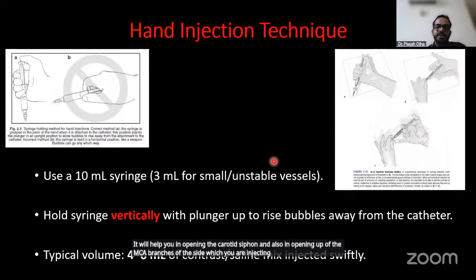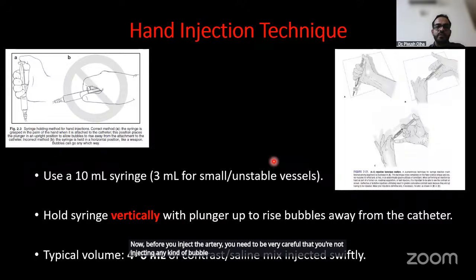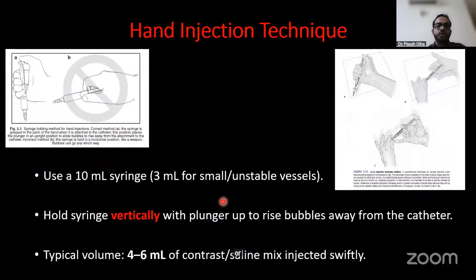Now, before you inject the artery, you need to be very careful that you're not injecting any kind of bubble or clot, because if you do that, that would be an iatrogenic complication that you're creating. So you should always use a 10 ml syringe. If you're injecting into a smaller vessel, you can use a 3 ml or smaller syringe, but with a Luer lock syringe.